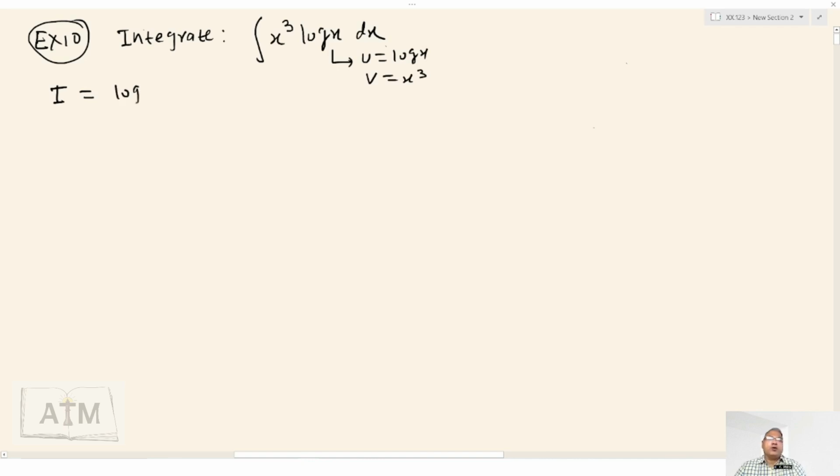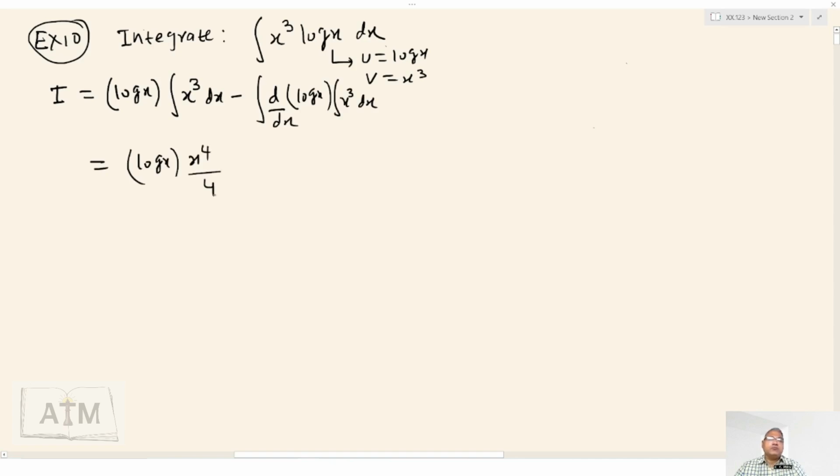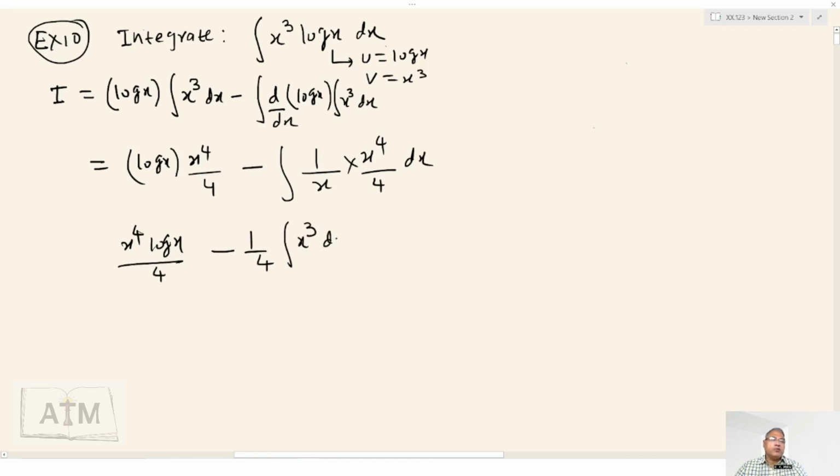Therefore, u, that is log x, into integration of x cube with respect to x, minus integration of the derivative of log x with respect to x times integration of x cube with respect to x, equals log x into x raised to 4 upon 4 minus integration of 1 upon x into x raised to 4 upon 4 with respect to x, equals x raised to 4 log x upon 4 minus 1 upon 4 integration of x cube with respect to x, equals x raised to 4 log x upon 4 minus 1 upon 4 into x raised to 4 upon 4 plus c.